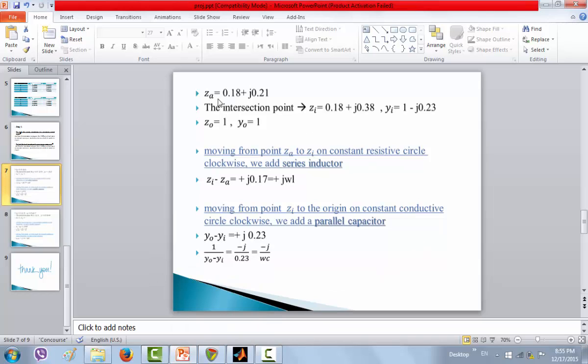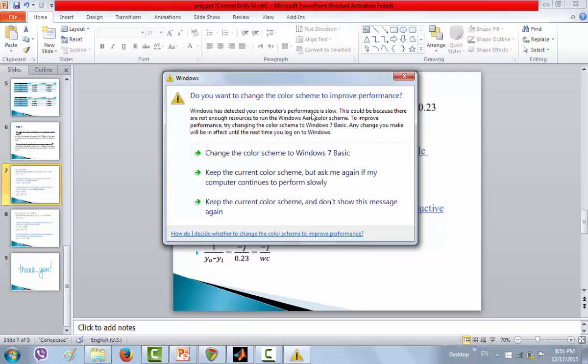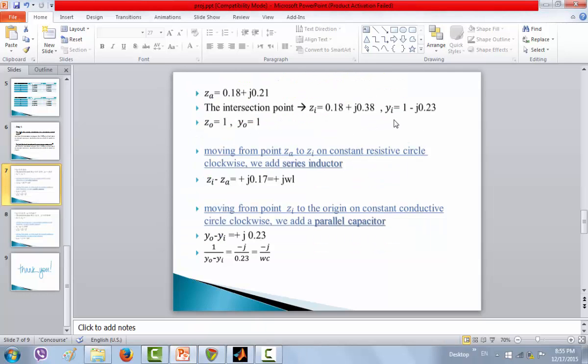This is the ZA value, the Zi and the Yi, and Z0, Y0. So moving from point ZA to Zi on a constant resistive circle clockwise, we add a series inductor. Zi minus ZA equals j0.17, which equals j omega L. So from this equation we can find the value of L, the inductor.